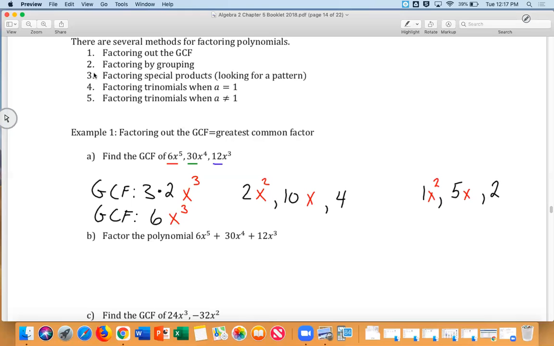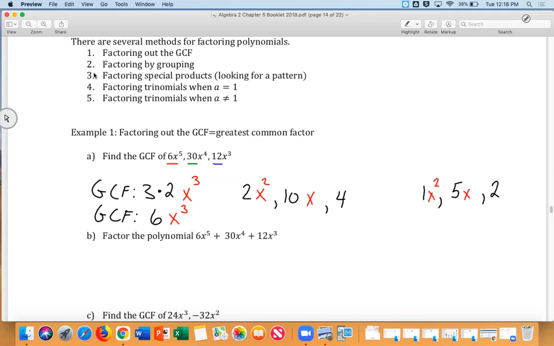Let's talk about how this one equates to this one. Well, it's the same thing, just instead of commas, it's plus signs. So let's look at 6x to the 5th, 30x to the 4th, and 12x cubed. Hansi, what's the largest number that goes into each of those? 6. And Justin, what is the largest variable that I could take out from x to the 3rd?